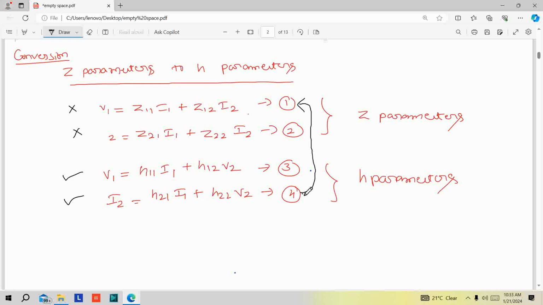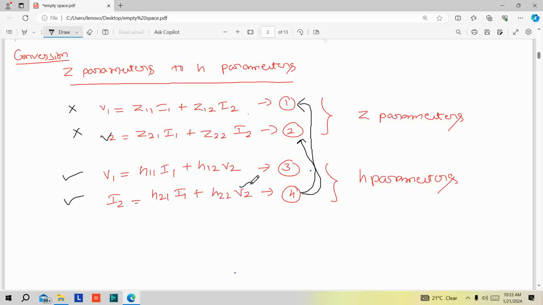Then compare equation 4 with equation 2.